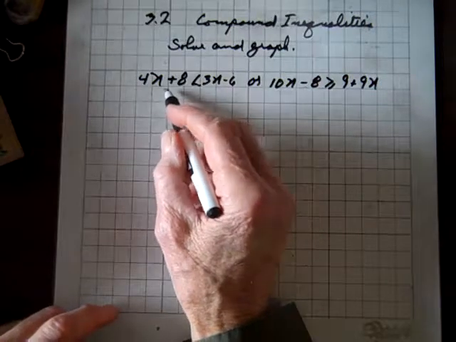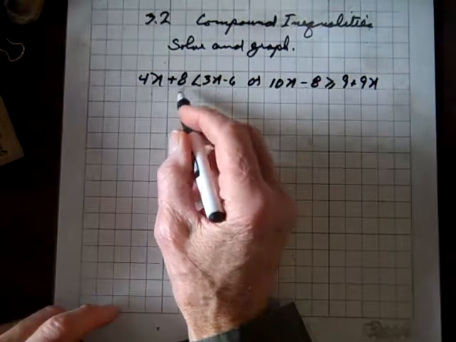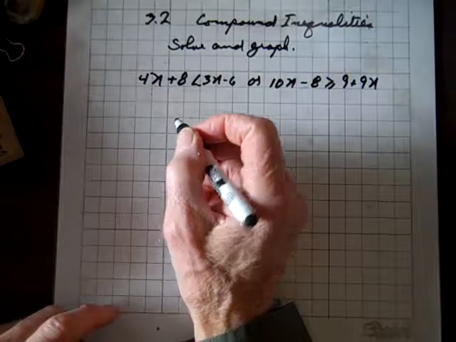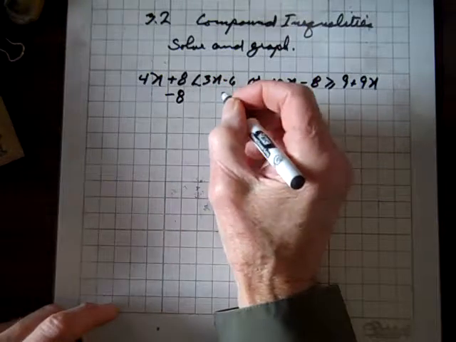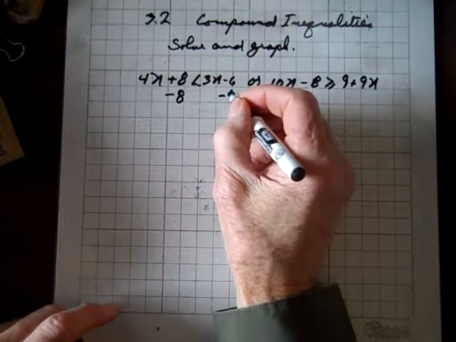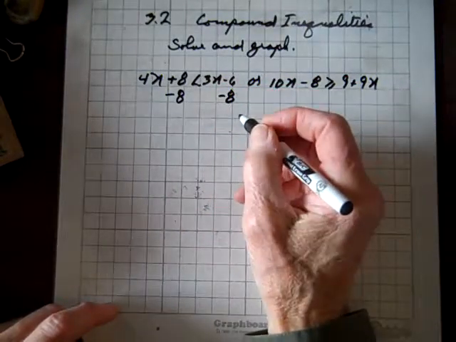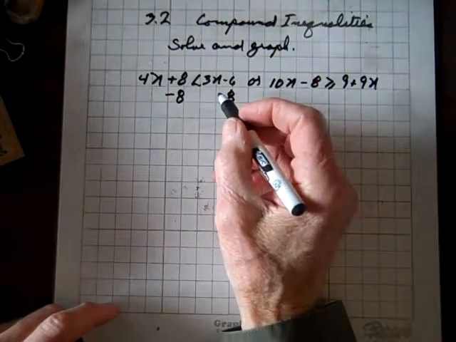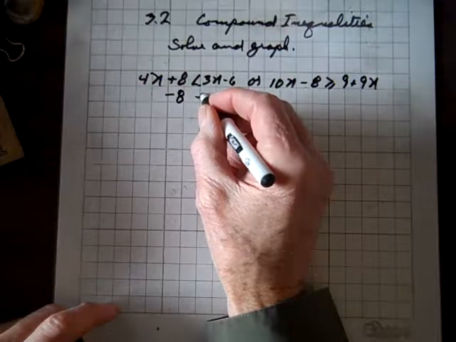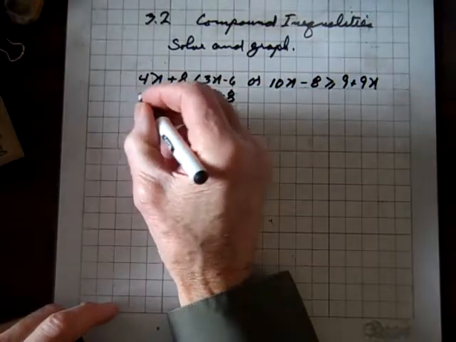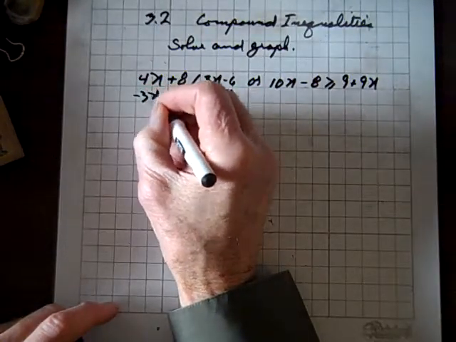So our first task is to get rid of this 8 here. So I'll subtract 8 and subtract 8. And also let's subtract 3n, minus 3n and minus 3n.